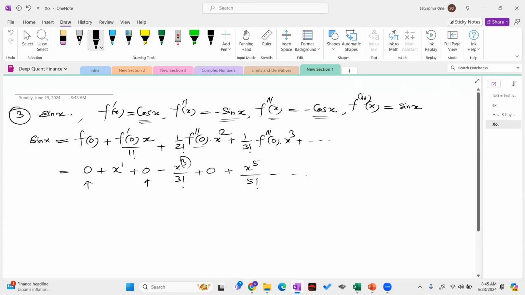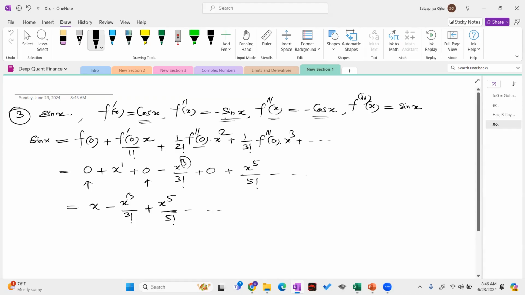You'll see that all the even powers would be retained, and all the odd powers will be zeros. So just to clean it up, we get x minus x cubed by 3 factorial, alternate sign, plus x to the 5 by 5 factorial minus, and it goes on.